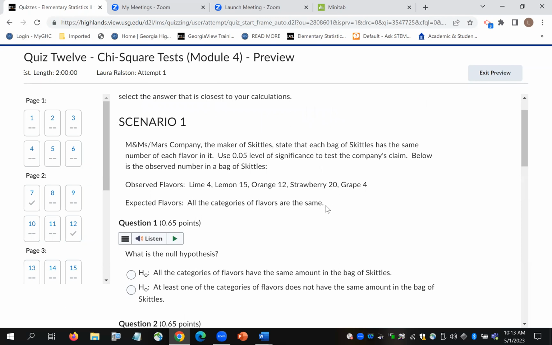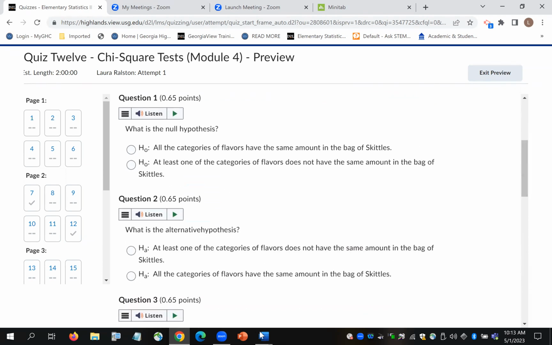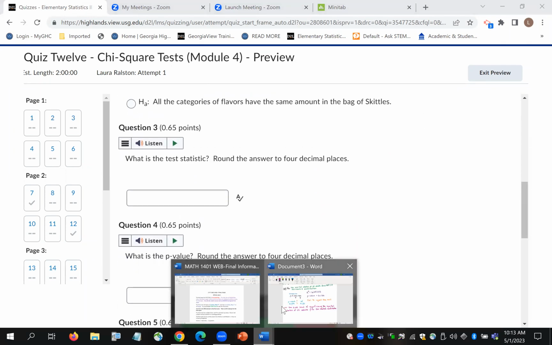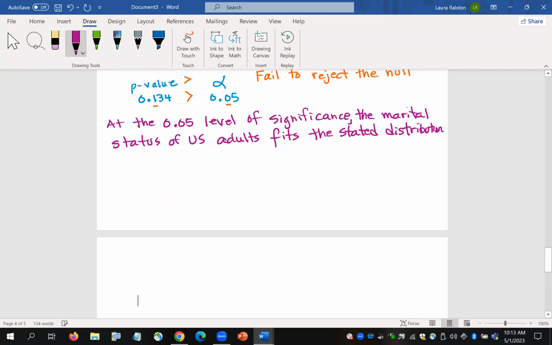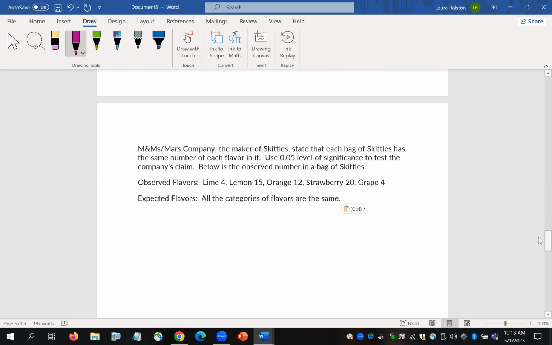Okay, so I'm gonna backtrack to scenario 1. Scenario 1 says M&M/Mars Company, the maker of Skittles, state that each bag of Skittles has the same number of each flavor in it.